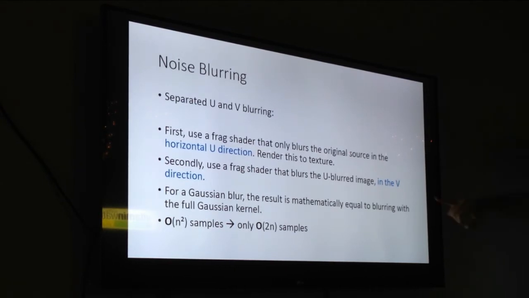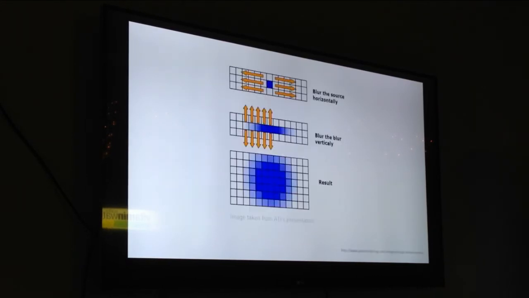So it turns n squared in the number of pixels into 2n, a pretty big speed up. Here's a visual representation. We've got a single pixel. We first blur the pixel that way, and then we blur the result of that way, and we get mathematically the same result as the full 2D blur.